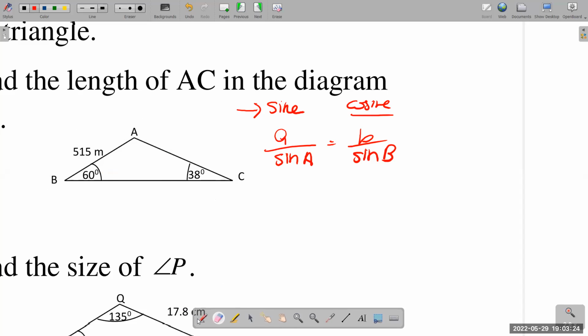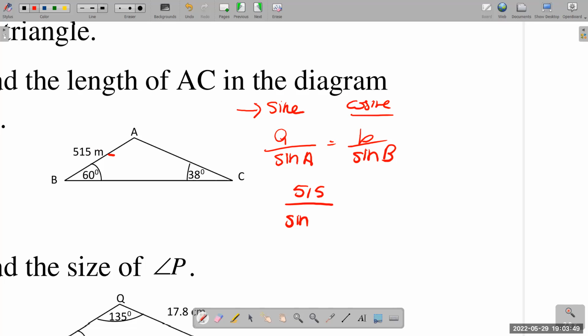So let's go. What 2 ones do I have both of? So what number should go here? The side they give us. So 515 over sine what? You see, that's why I asked. If this is side A, which one is angle A? Remember what I just said.